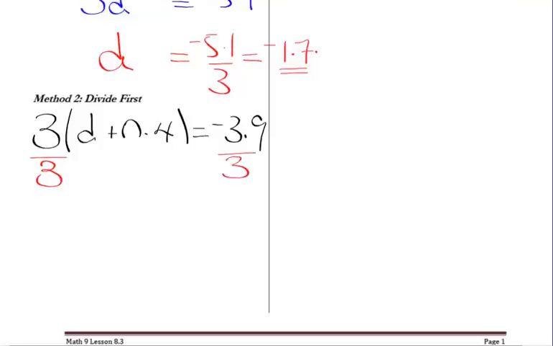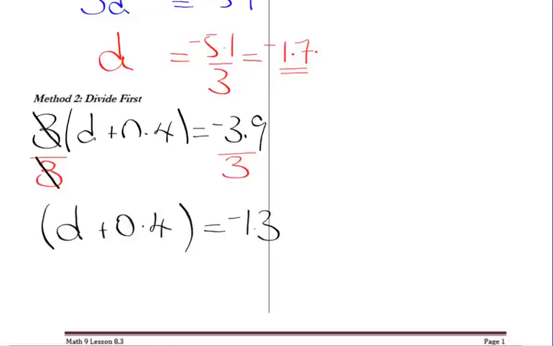Now, what happens on the left-hand side? 3 divided by 3 gives us 1, and that leaves us with what we've got inside the binomial, d plus 0.4. Put brackets around it. I don't need to. Negative 3.9 divided by 3 gives us negative 1.3. Now, because I've only got a single binomial, the 2 brackets that were originally around my binomial don't have to be dealt with anymore.